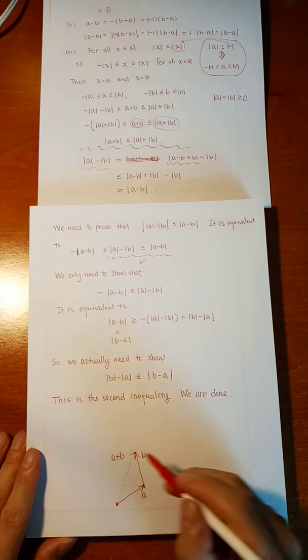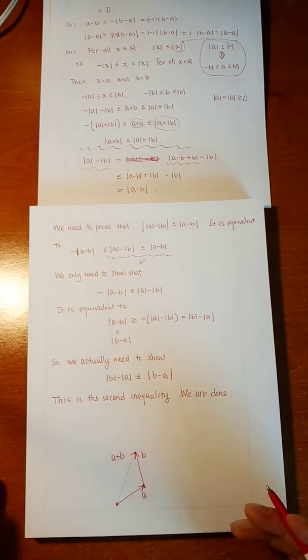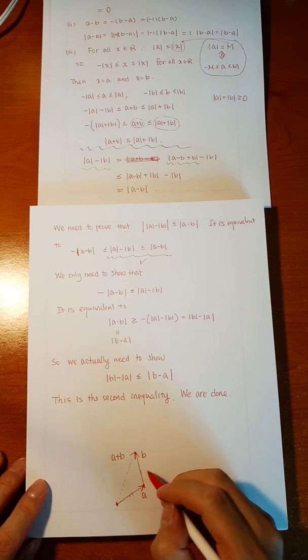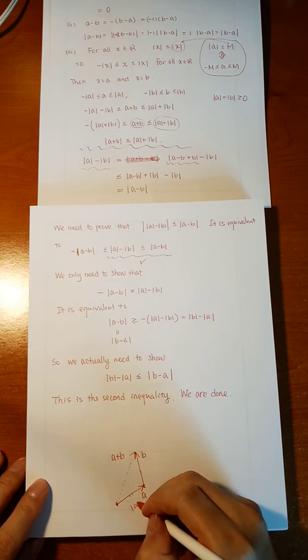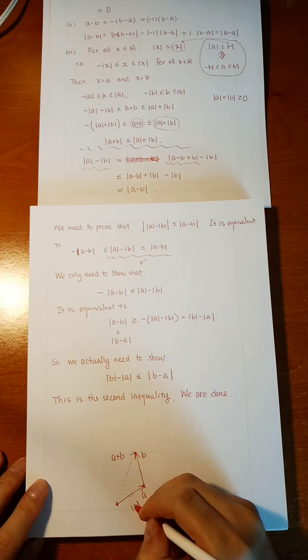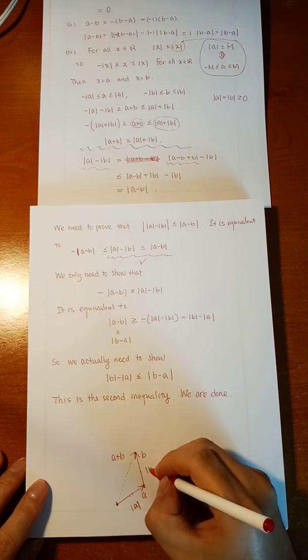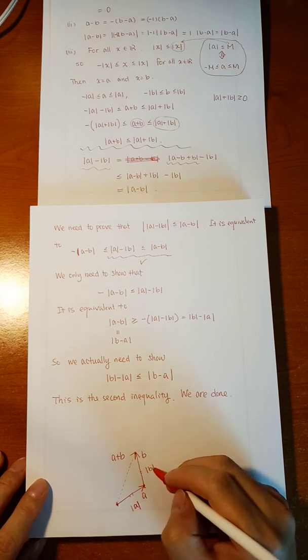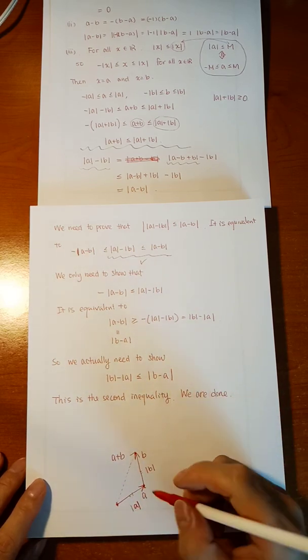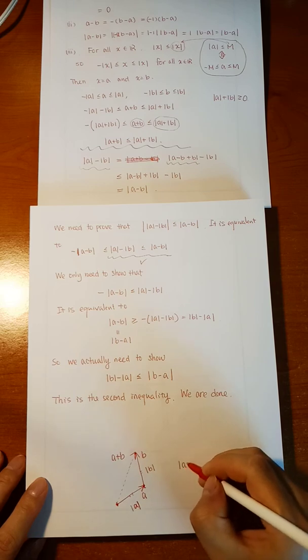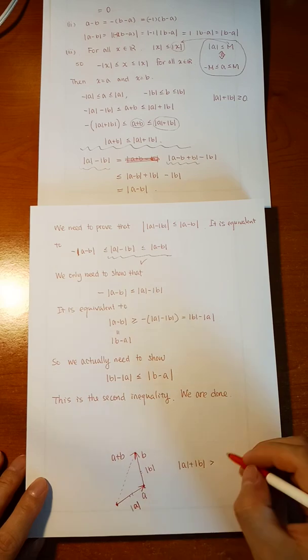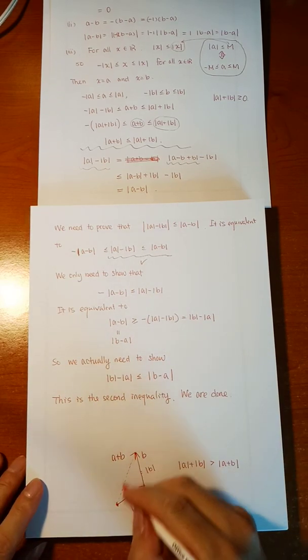This long one. And in the triangle, we know that the sum of two sides, the length, here we are talking about the size of a triangle, which is measured by the absolute value. The sum of two sides is greater than the third side, if you really have a triangle.